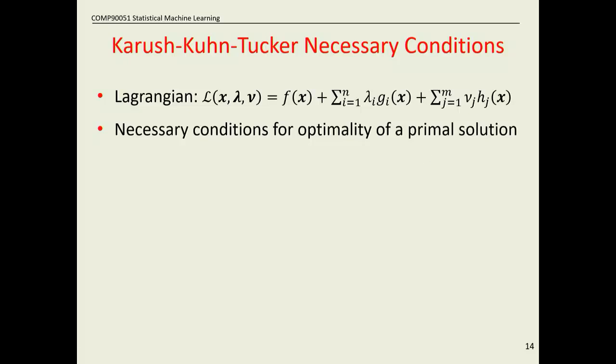Okay, so what about solving this Lagrangian function? Can we talk about what conditions must hold at an optimal solution? So we don't just have a program with respect to X anymore. We've got all of these other things.